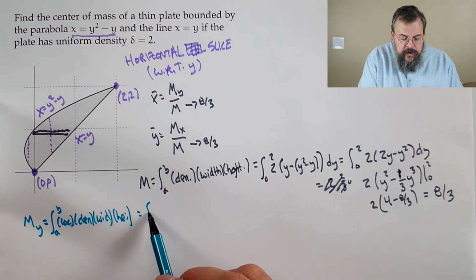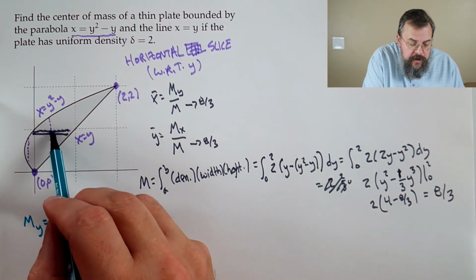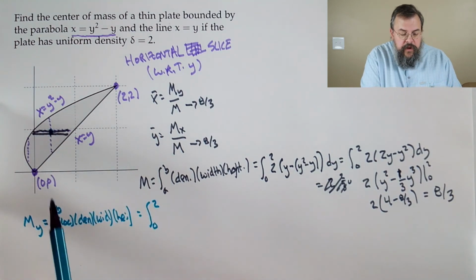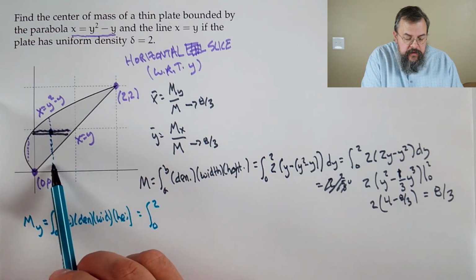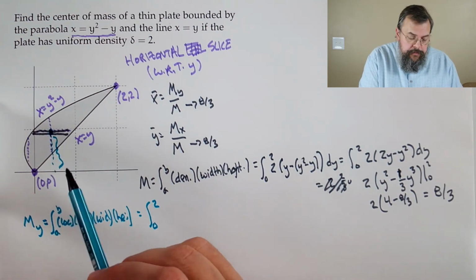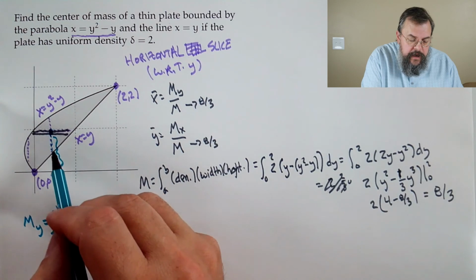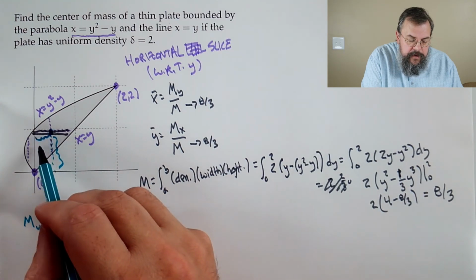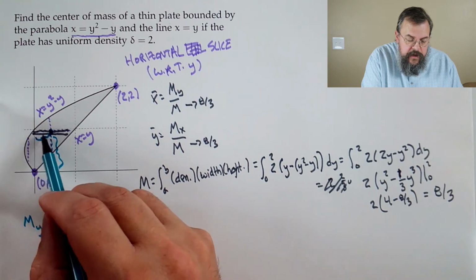So 0 to 2. Now, what we have to do is say, look, here's our middle. What is our distance to the y-axis? So what is this length? Well, whoops. Yeah. M sub y. I am sorry. That was m sub x. M sub y, that's this distance here to the y-axis.